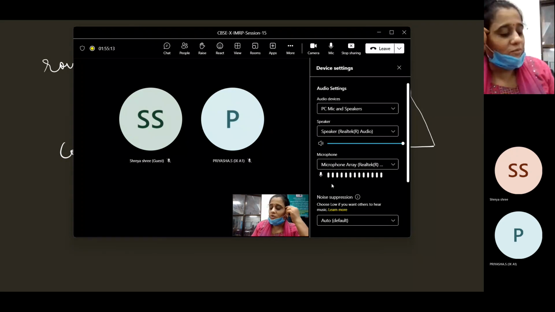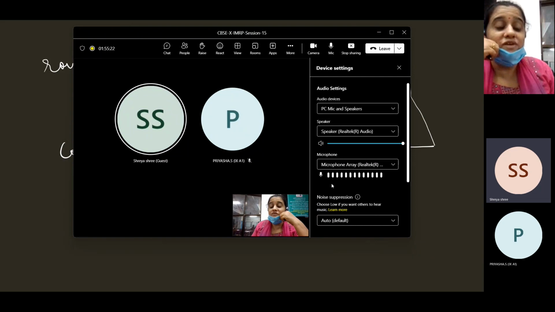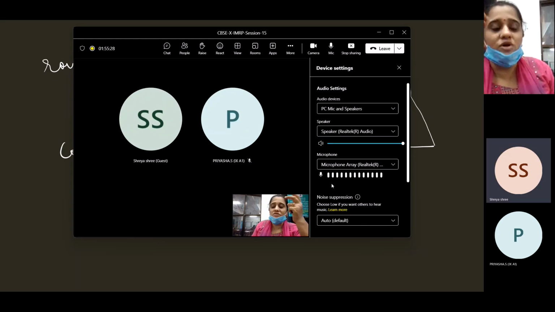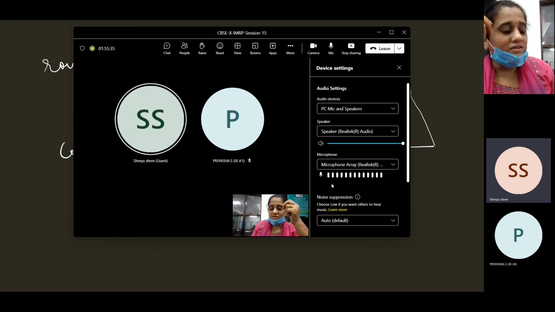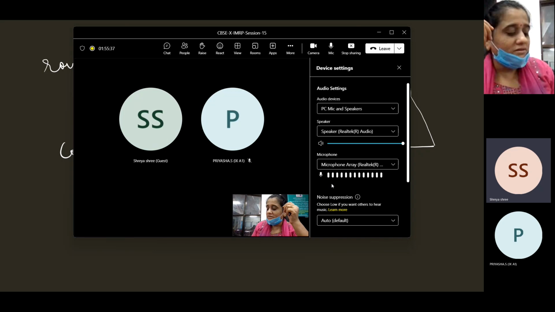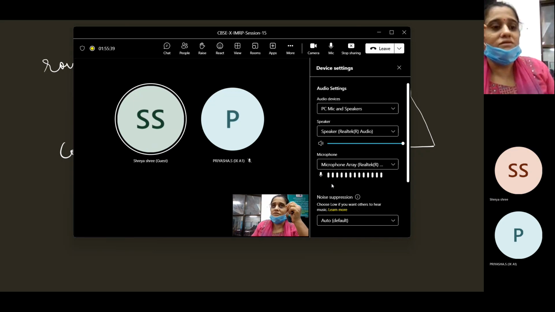A shuttlecock used for playing badminton is the combination of a cone and a sphere. Frustum of a cone and a hemisphere, ma'am. It's a frustum of a cone because it's not a cone completely. Yes, so it's a frustum of a cone and a hemisphere.